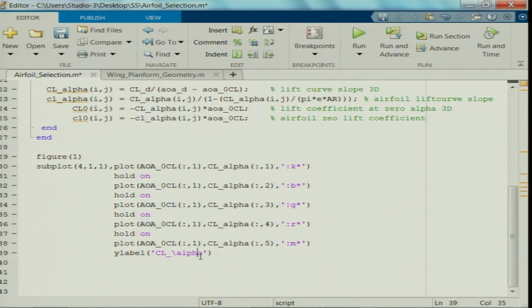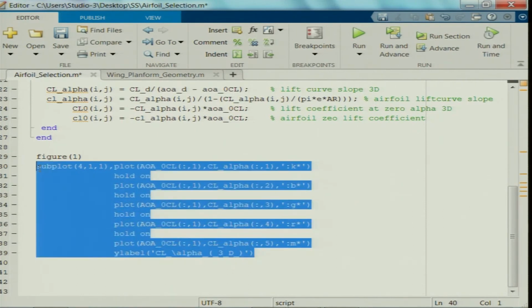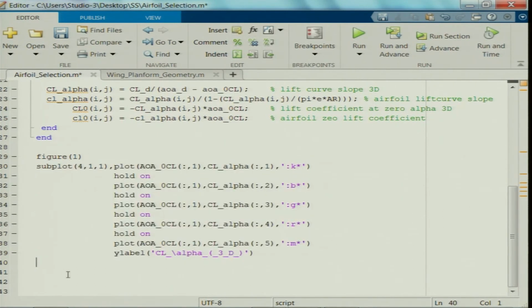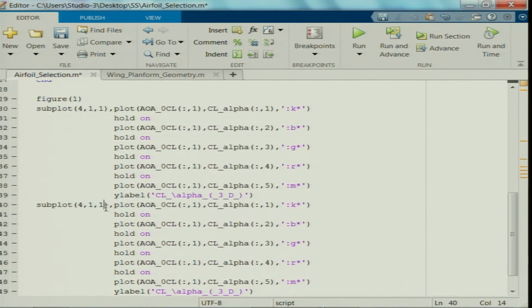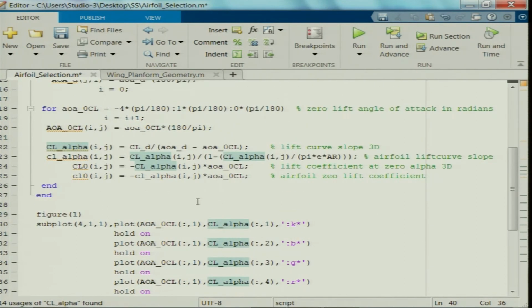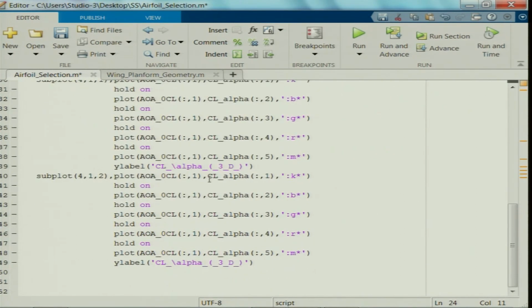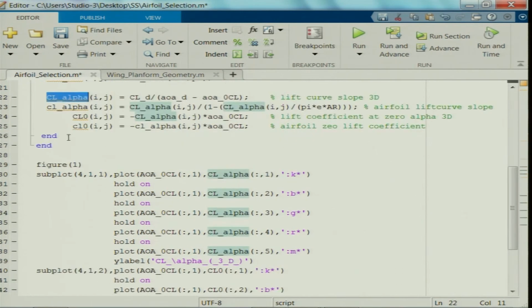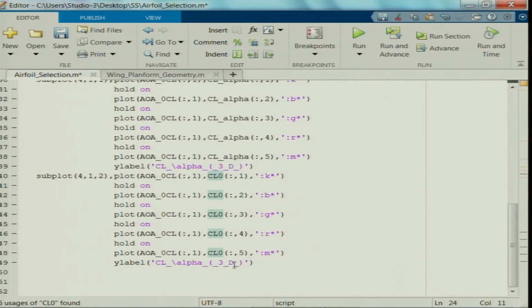So, this is 3 dimensional, CL alpha underscore 3D. Okay. So, I would like to plot the second one, which is instead of CL alpha, this is CL naught. So, this will be CL underscore naught 3D.